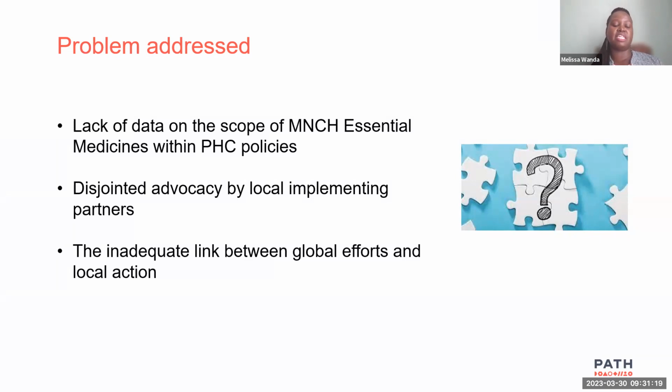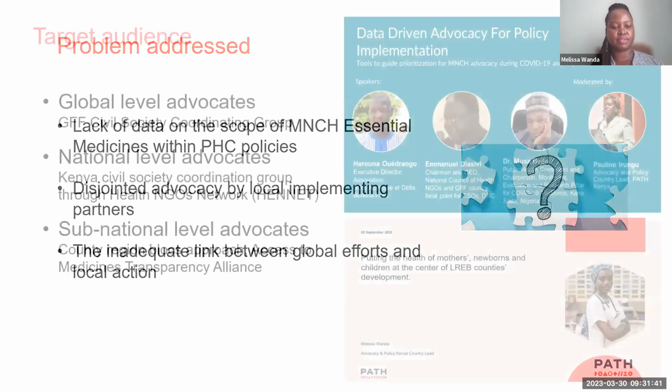The other one was inadequate link between global efforts and local action. For this tool, we had initially socialized it with the stakeholders at the global level, and then there was that gap from country level to global, connecting those two and feeding back, closing the loop. Next slide, please.